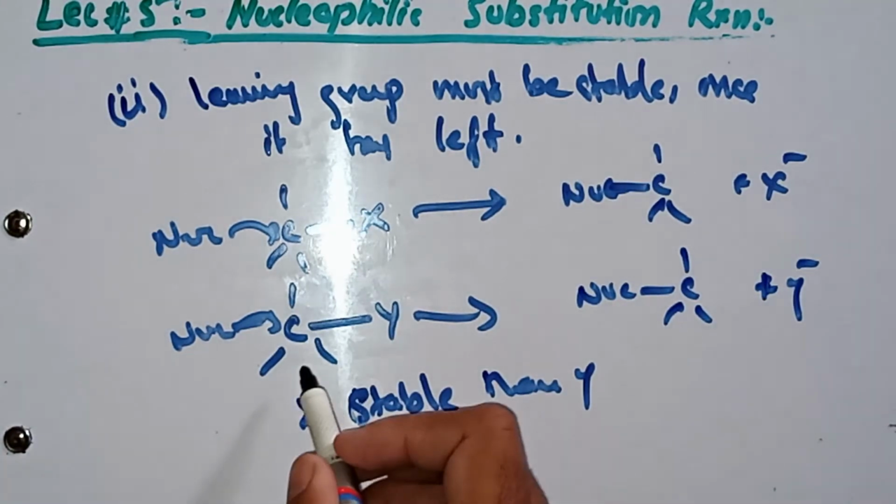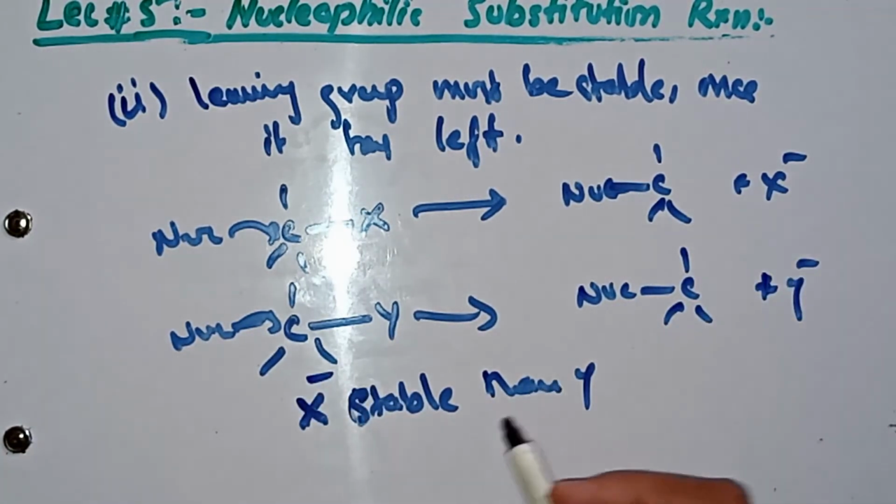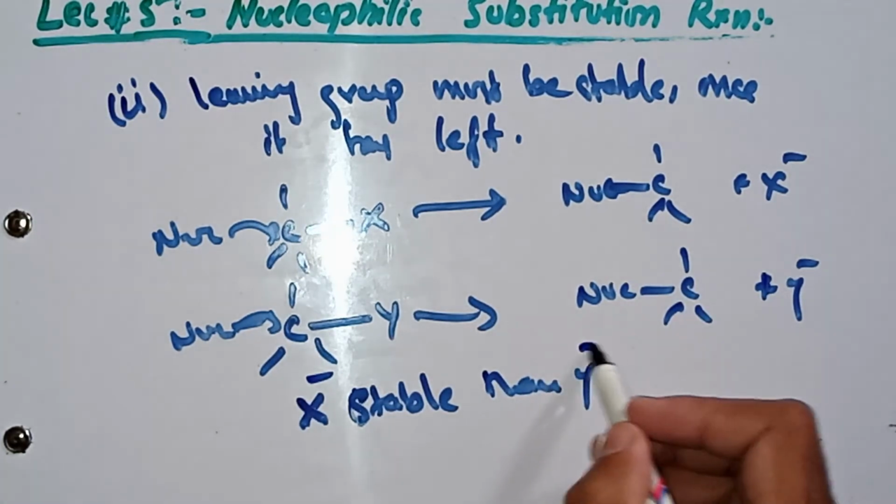Let's suppose the X ion is more stable than the Y ion.